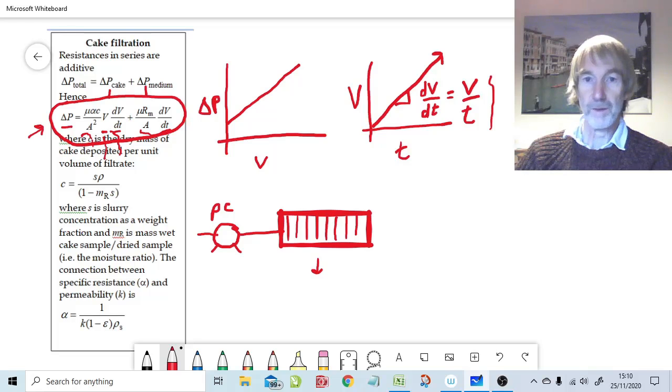we would anticipate the performance of a progressing cavity pump to be something like this. So if we were plotting the pressure, which is the inlet pressure into the filter, against time, we would expect something fairly similar to the graph that we've just been talking about, the delta P against V curve, and then we'd expect it to bend over and just carry on at a constant pressure.